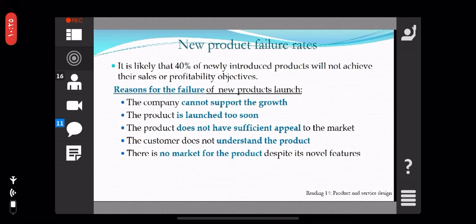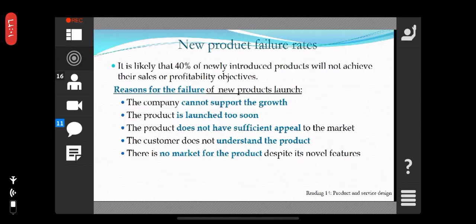What is a market? A market is basically a place where customers come for the exchange process: give something and in return take something. So the market is the place where business is conducted. So if the product does not have sufficient appeal to the market, the customers are not interested. The market does not have value for these products.